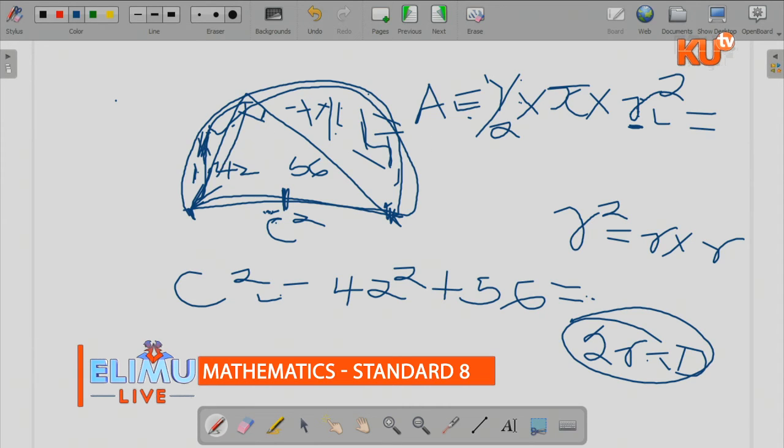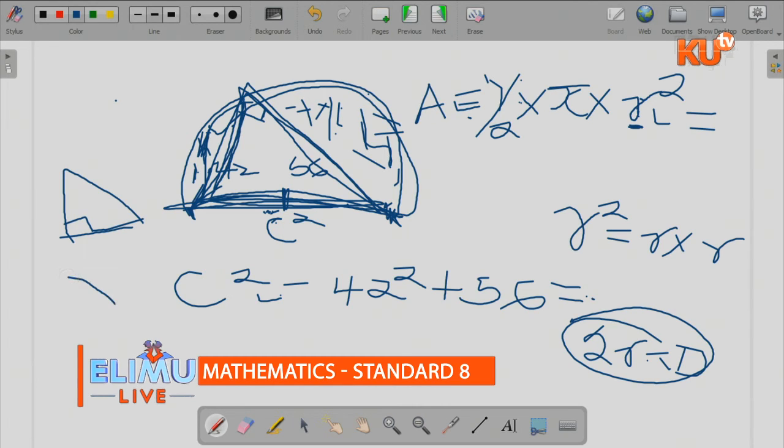Then you find the area of a triangle. With a triangle, don't use this one as the base. Base and height of a triangle are the two lines which make right angle, whichever side they are facing. Most of us assume base must face the lower side. No, we can have base sometimes this way.